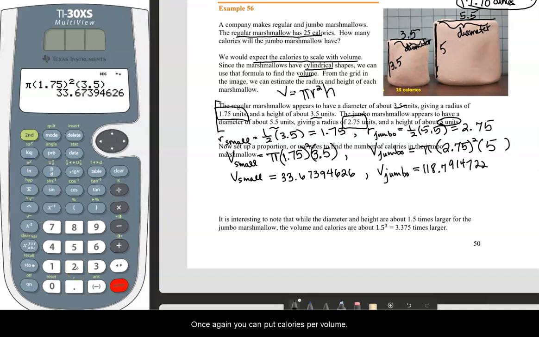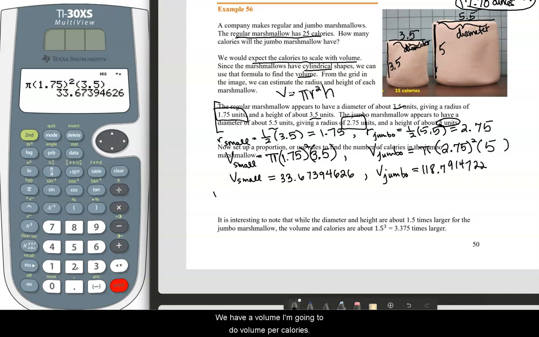And once again, you can put calories per volume, or if you want to, you can do volume per calories. It does not matter as long as you're consistent on the other side of your proportion. So we have a volume. I'm going to do volume per calories.